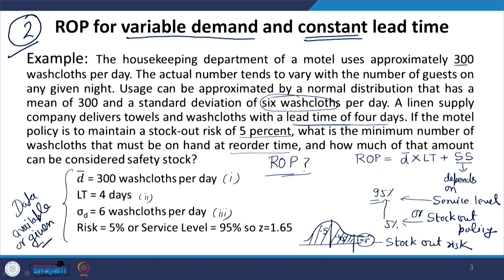Now, for this level, if you go to the normal distribution table, the value of Z, which we have directly taken, is 1.65. So, for calculation of safety stock, the value of Z which we will require is 1.65. This is taking care of this 95% area which is shown as the hatched area.